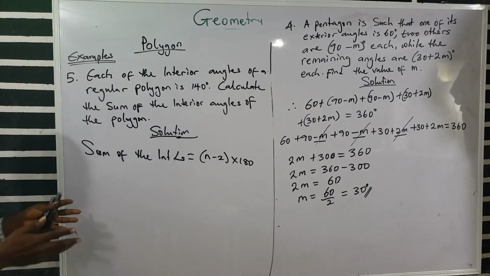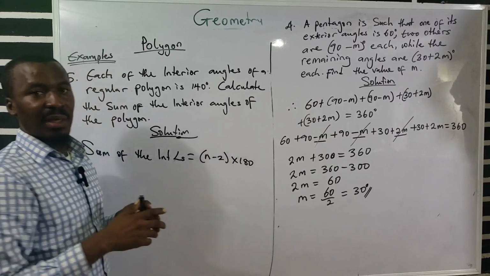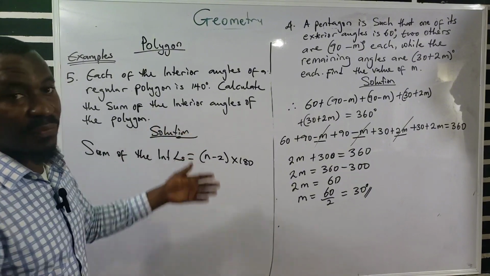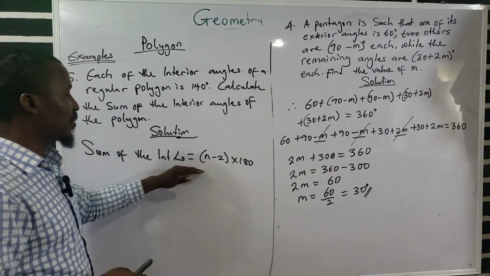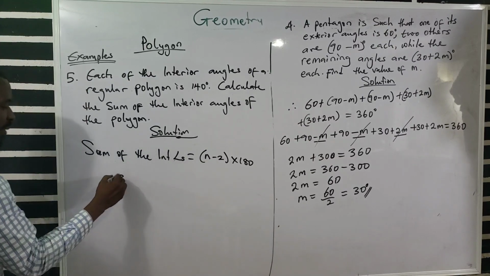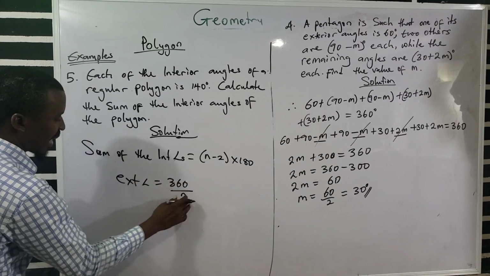This is the formula we are supposed to use, but we don't have the number of sides of the polygon. So we need to first solve for the number of sides, n, before we can use this formula.